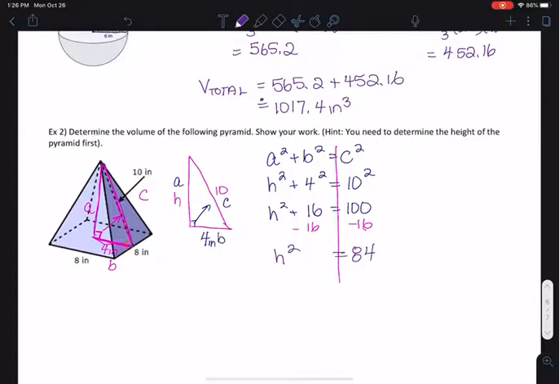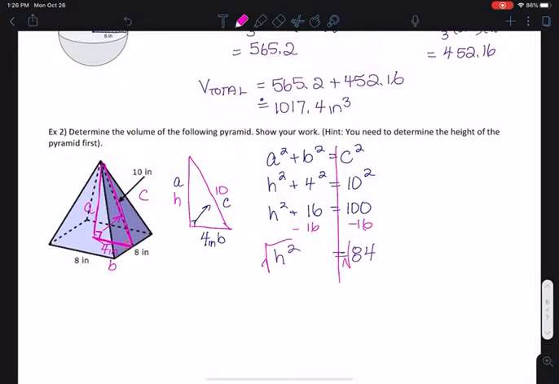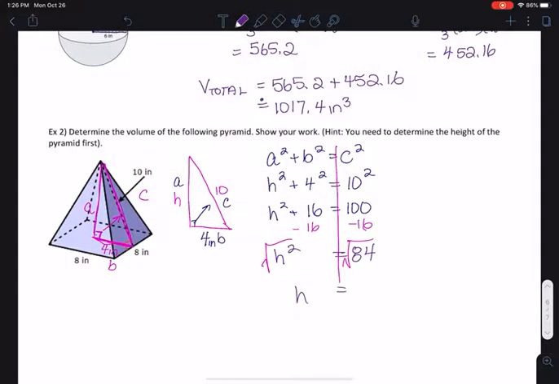And then we need our calculator to calculate the square root of both sides, and that leaves us with H equals the square root of 84, which is 9.16. Let's round that off to 9.2 because we're rounding to 1 decimal place anyway.